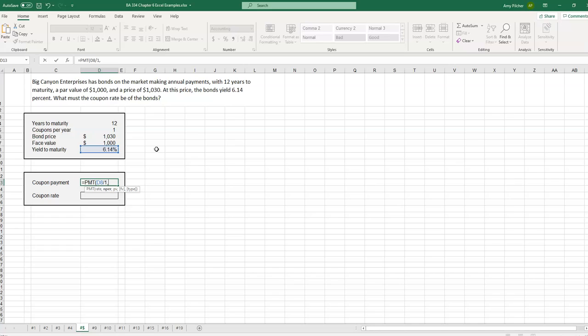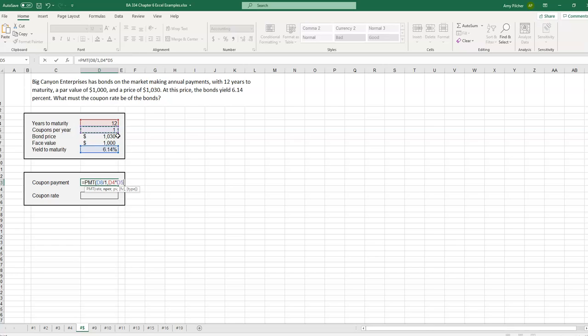The number of periods, so we have 12 years until maturity and 1 coupon per year for an annual payment. So we're going to take the years to maturity times the number of coupon payments.